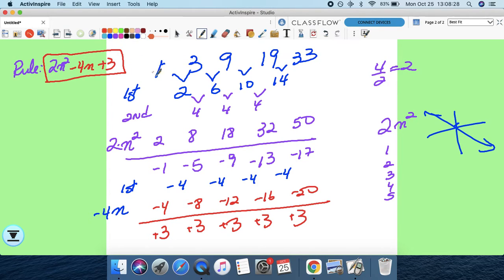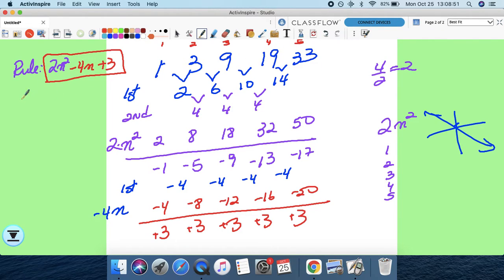And again, you can plug in a few numbers. The first term, I should get 1. The second term of my sequence, when I plug in 2 for n, I should get 3. If I plug in 3 for n, I should get 9. If I plug in 4 for n, I should get 19. And if I plug in 5 for n, I should get 33. Let's try 4.